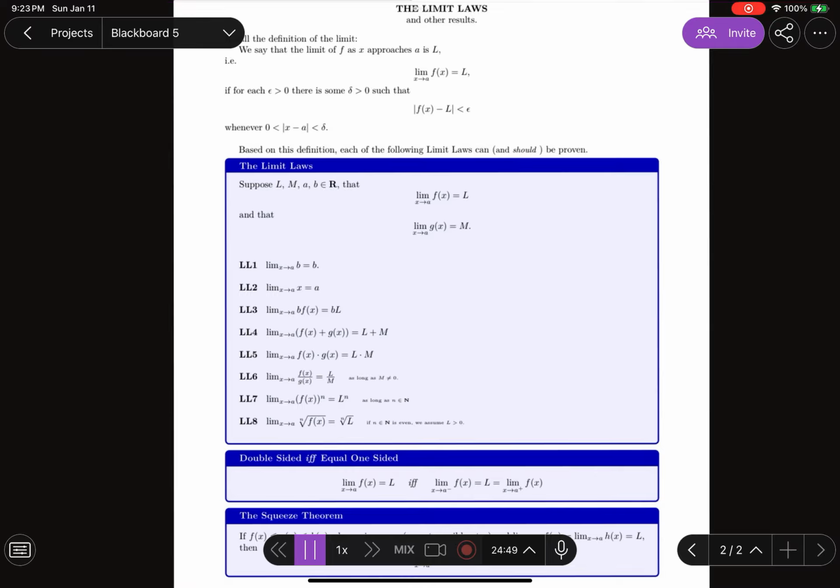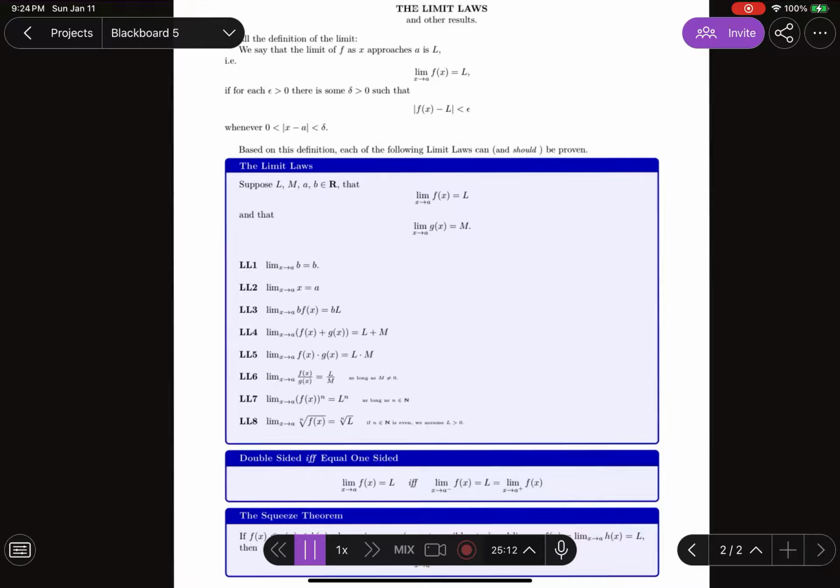Proving these limits exist and equal some value takes 20 minutes to half an hour each time. So once we have these laws proven, our job is streamlined.